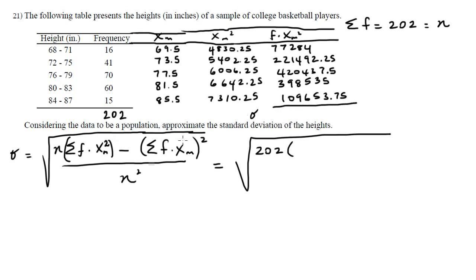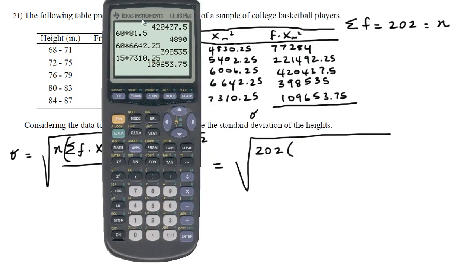Now I can sum these and I'll have this piece right here. Okay, so 77284 plus 221492.25 plus 420437. Is that 0.5 or 0.25?